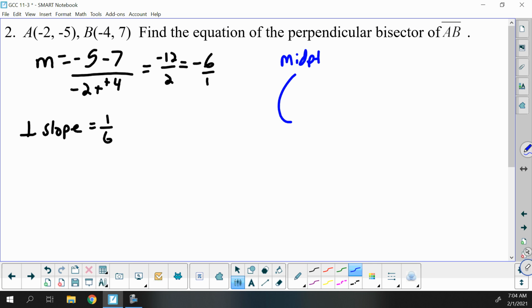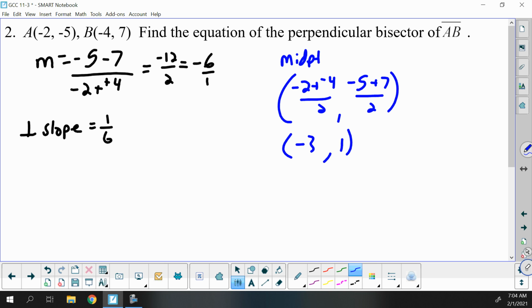Add your x's, divide by 2, add your y's, divide by 2. So negative 2 plus a negative 4 over 2, negative 5 plus 7 over 2. In the first part, we'll get negative 6 over 2, which is negative 3. Second part, we'll get 2 over 2, which is 1.